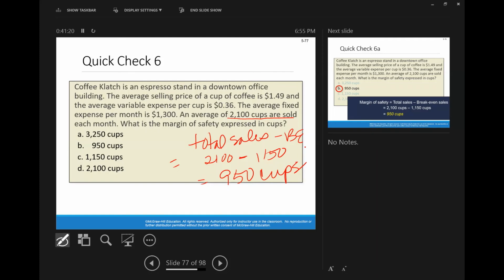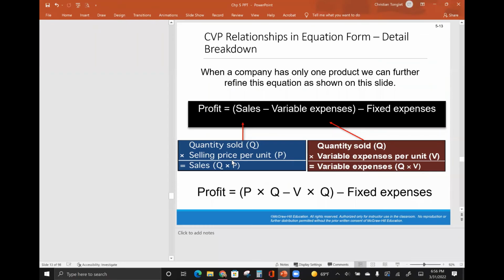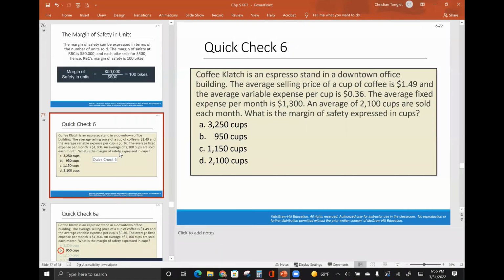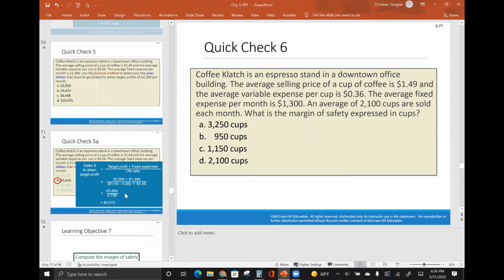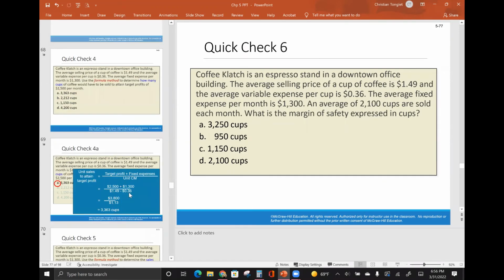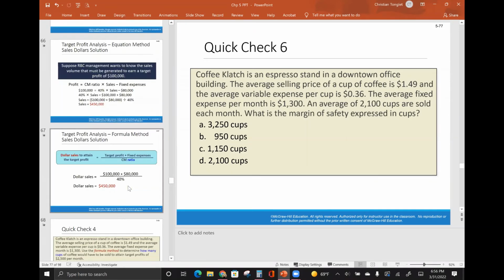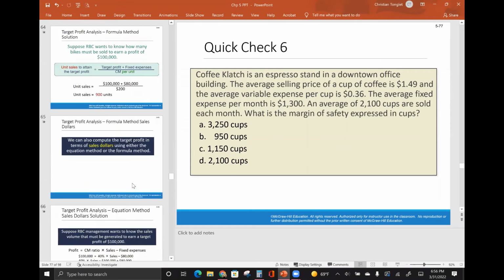Did we do the example with the break even? Maybe we did. Let me exit out of this and see. I just want to make sure it's there. I think it is. I'm going to discard it. Maybe we didn't.